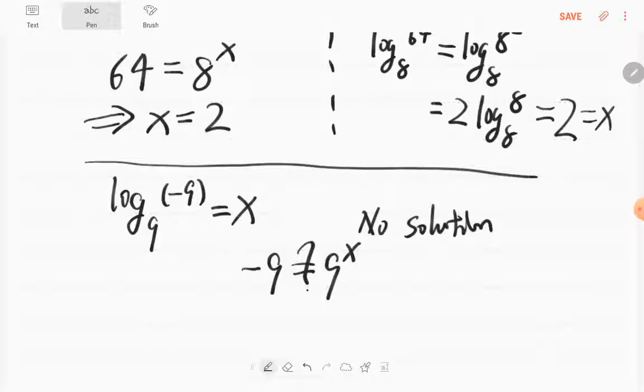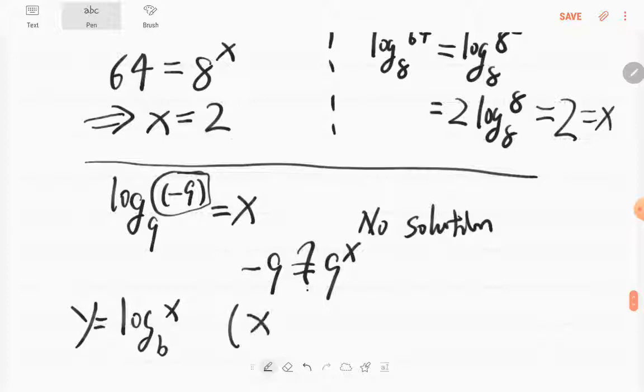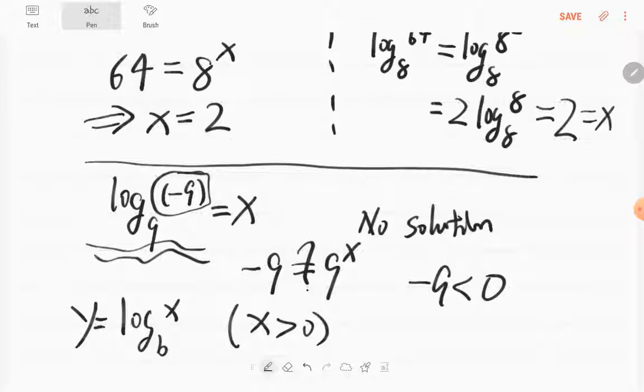There is no solution, right? Another way is this: you remember log b of x requires x to be greater than 0, but here negative 9 is less than 0. So this is undefined. In other words, this x has no solution.